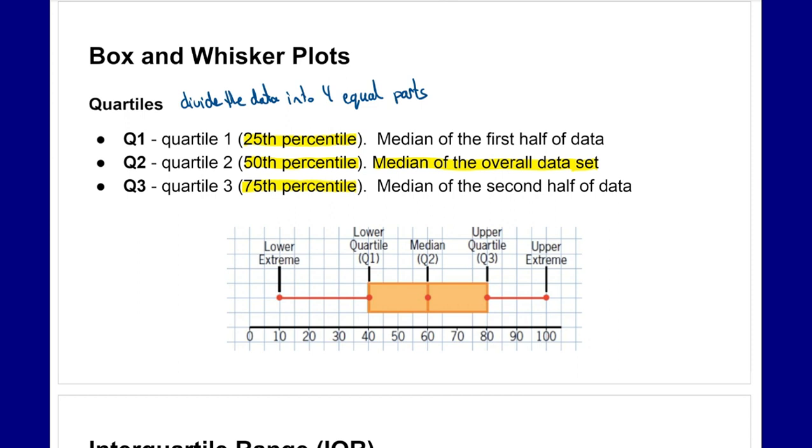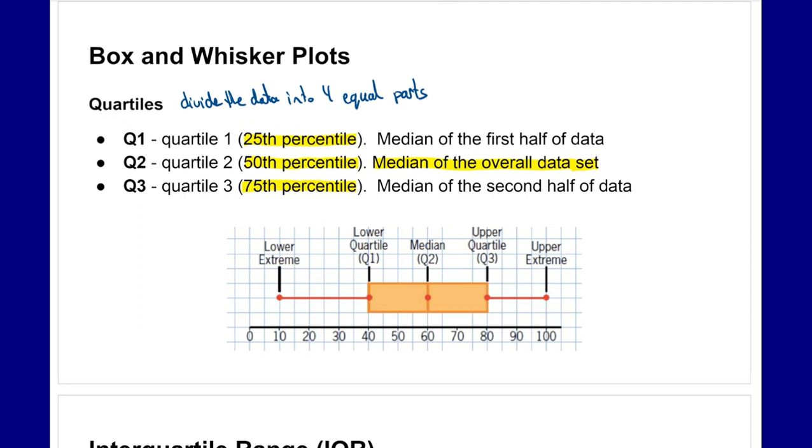On the upper end, Q3 is the median of the second half of data, right? So if we're looking at the upper half, 50% is on the upper half. We find the middle value to divide our data into two. That would be the 75th percentile. So we can use percentiles to find these different values of our box plot, and it just shows us how the data is spread out.